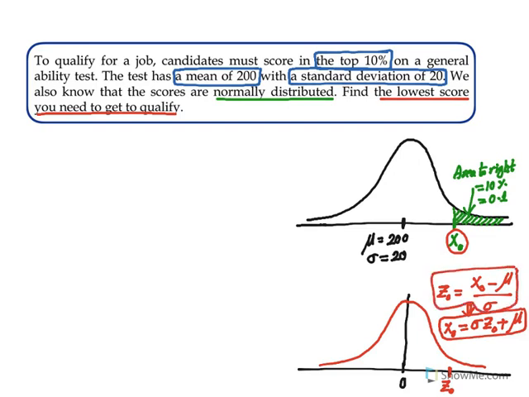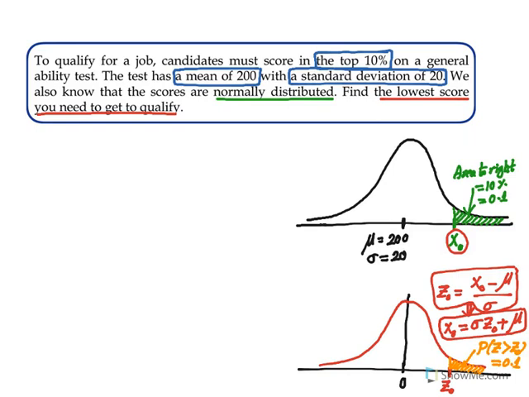You want to solve the same thing, but you want to find the probability that z is bigger than z0. It's the area to the right, and we want it to be 0.1 or 10%. So now let us find z0 first, and then after we find z0, we can find x0.